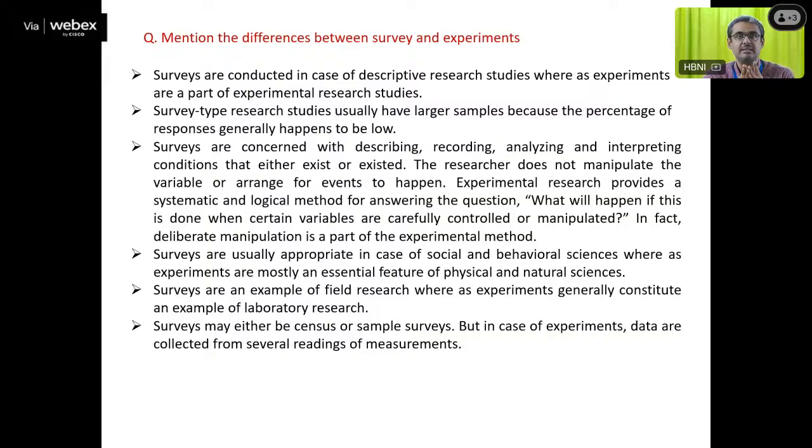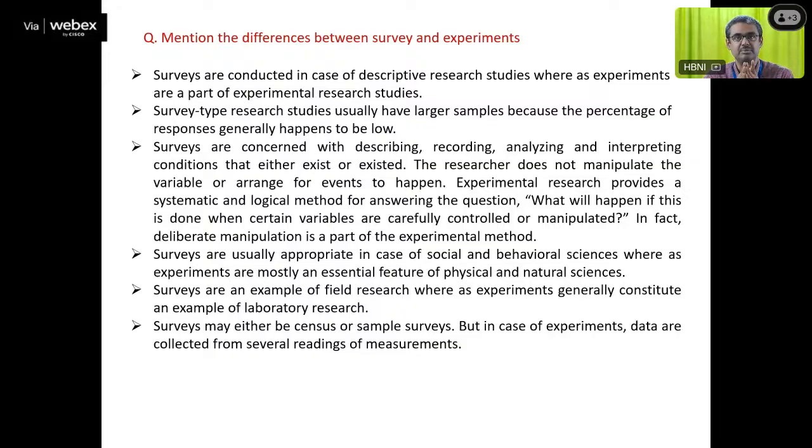Third is that in surveys, we do not manipulate the variable or arrange for events to happen. Whereas in experimental research, you do manipulate certain variables of your experiments, right? In fact, it's a deliberate manipulation to understand the effect of the independent variable on your dependent variable.